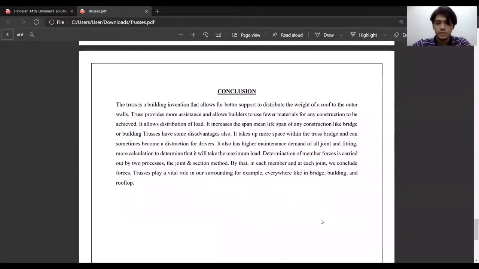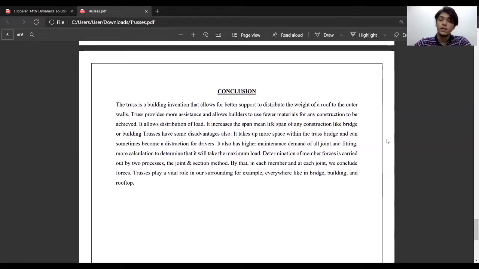The truss is a building invention that allows for better support to distribute the weight of a roof to the outer walls. Trusses provide more assistance and allow builders to use fewer materials for any construction to be achieved. It's also a distribution of load. It also has a higher maintenance demand for all joints and fittings, and more calculation to determine that it will take the maximum load.